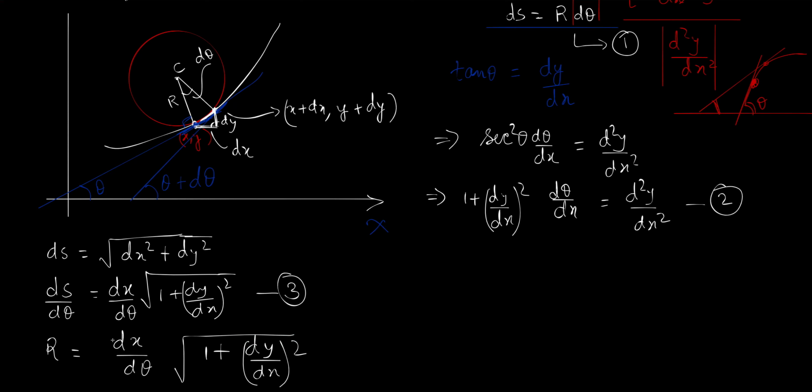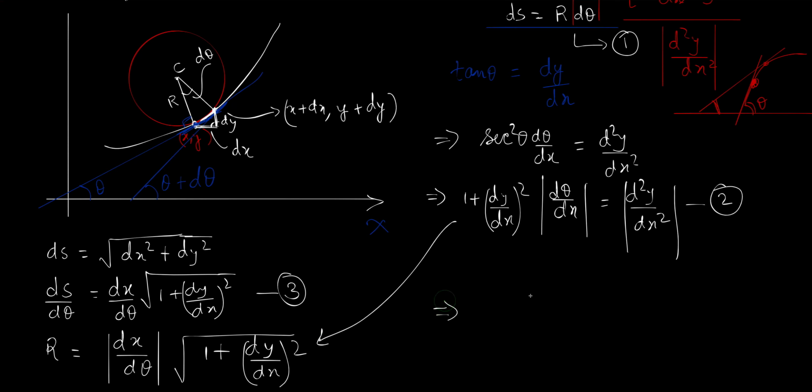By the way, you will have to put the mod here also, because the mod of ds over d theta is the radius of curvature. So I'm putting the mod of dx over d theta, which becomes an absolute value here. Then you can plug the value of d theta over dx from equation number 2 in this equation.